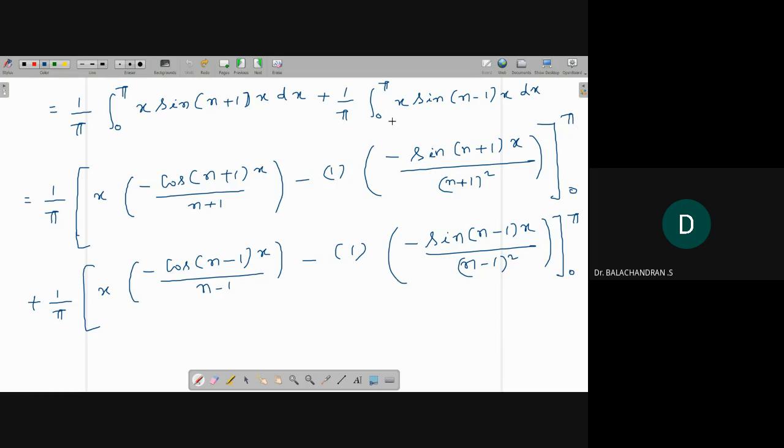Then the second integral, 1 by pi, keep x. Integrate sine (n minus 1) x, we get minus cos (n minus 1) x divided by n minus 1. Differentiate x, we get 1, integrate this function, we get minus sine (n minus 1) x by (n minus 1) whole square, 0 to pi. Now we need to substitute the limits here.